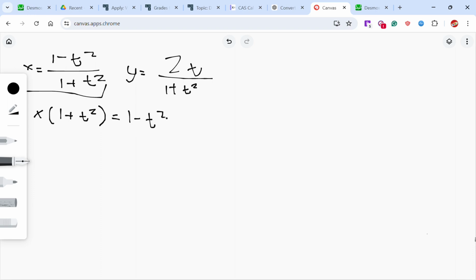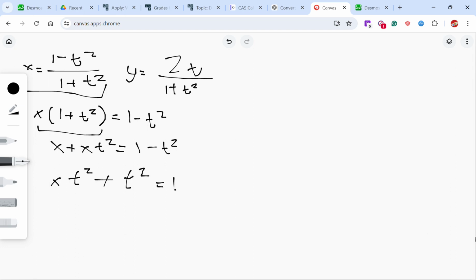After that, expand this. If you expand this, it's going to be x plus xt squared equals 1 minus t squared. And then we move all of the stuff that has t squared to one side so we can factor that out.